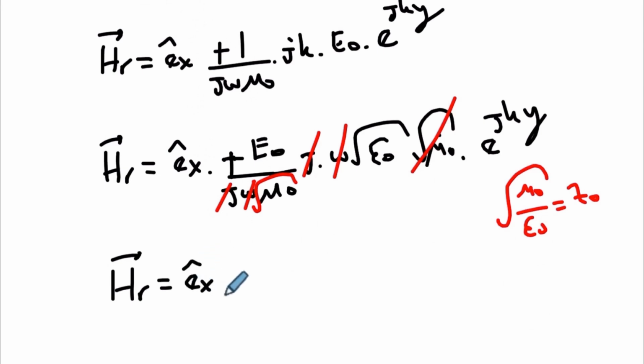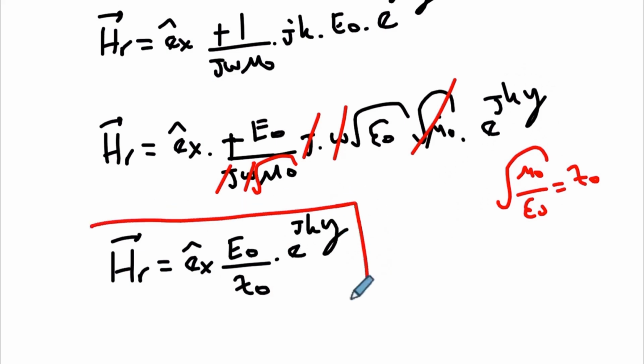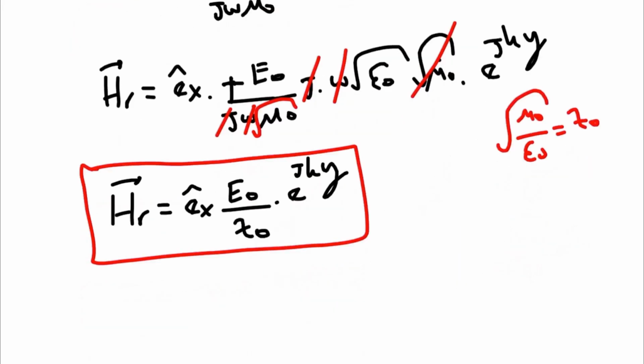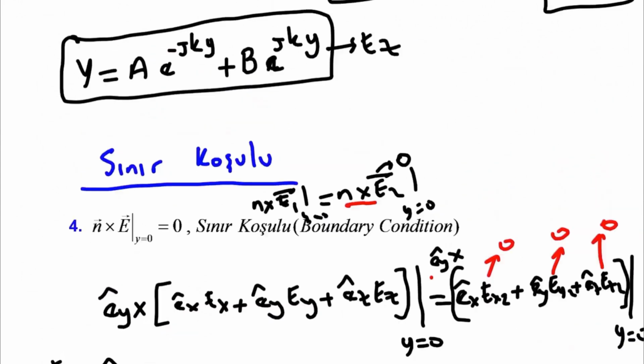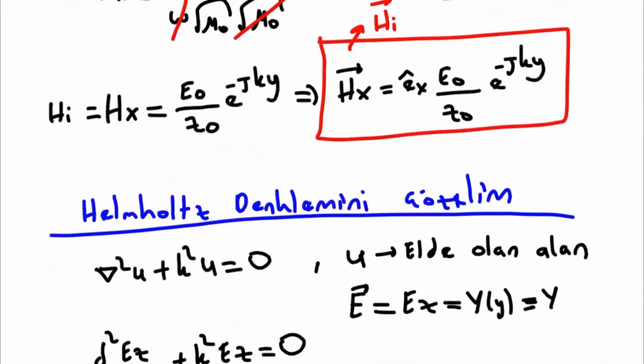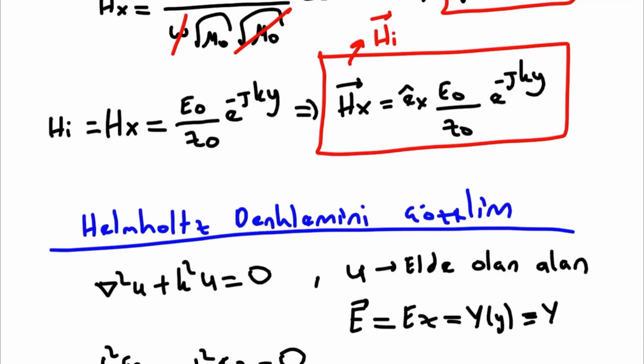Since this will be positive, I can write this part like this. It says I have a magnetic field that changes in amplitude in the x direction with a magnitude of E0 divided by Z0, and the direction of propagation is in the negative y direction. Does that make sense? Very much so. The phase of the magnetic field didn't rotate here because normally, what did we find for the incident magnetic field, friends? Let's take a look at that. Positive in the x direction, progressing in the positive y direction.